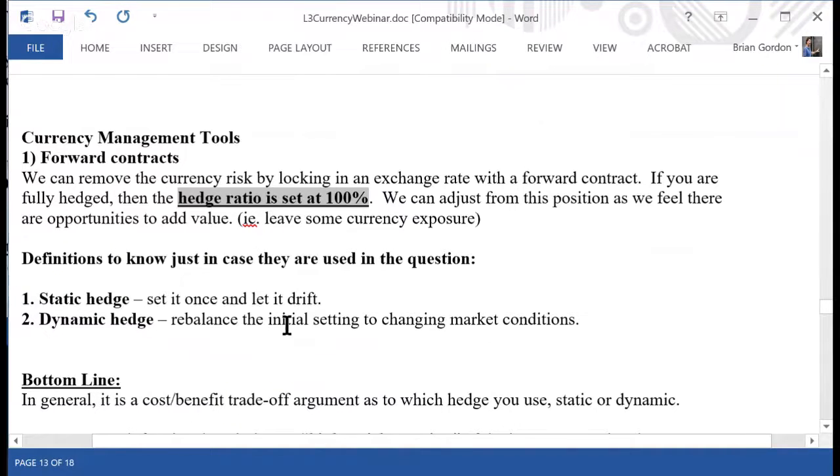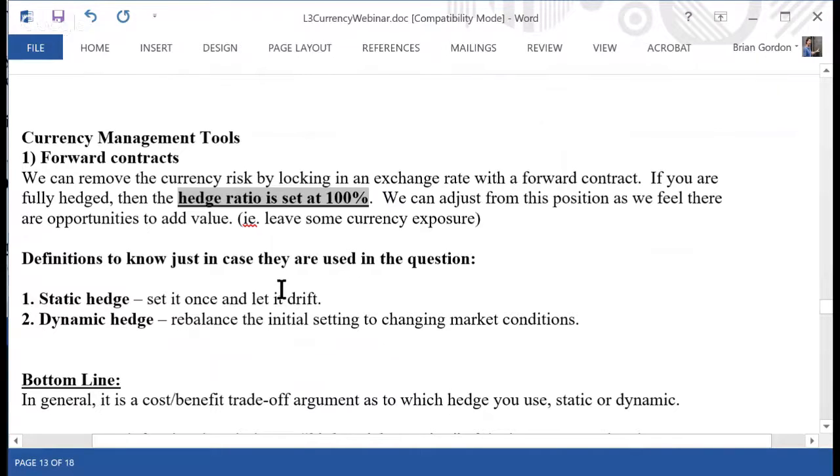Again, you're going to read in the question here. If the manager really believes that the currency is going to move in a certain way, I think they'll just leave the hedge.